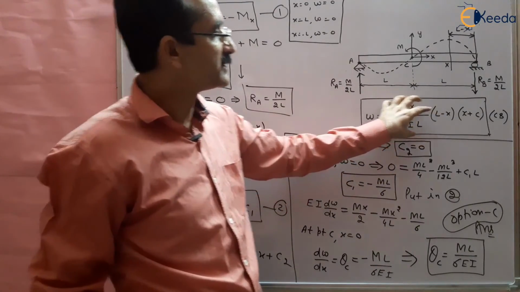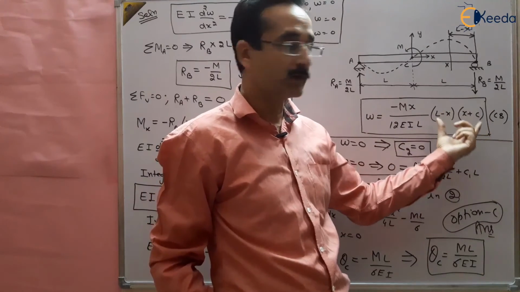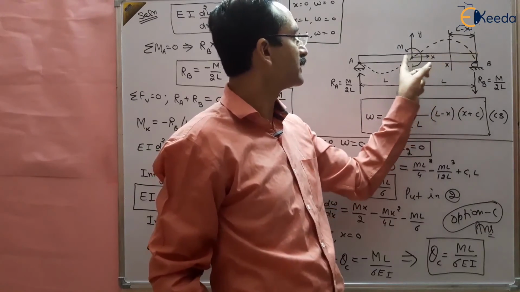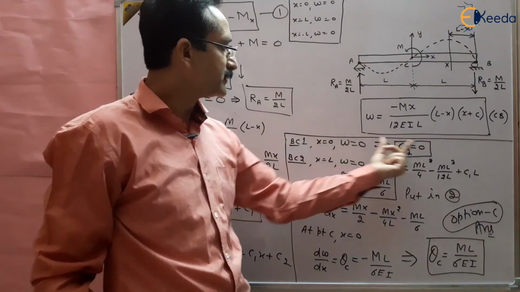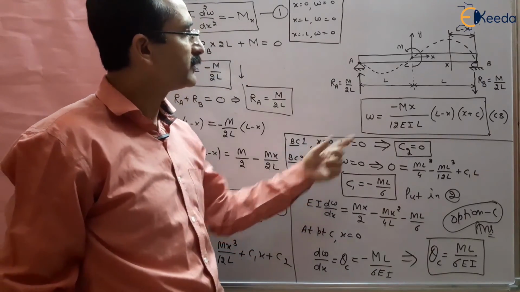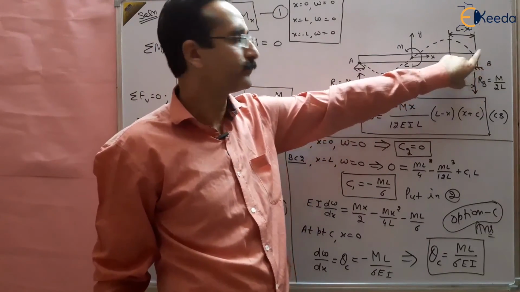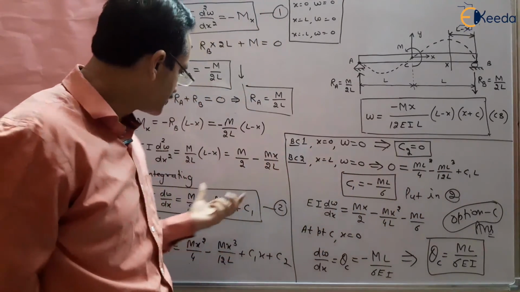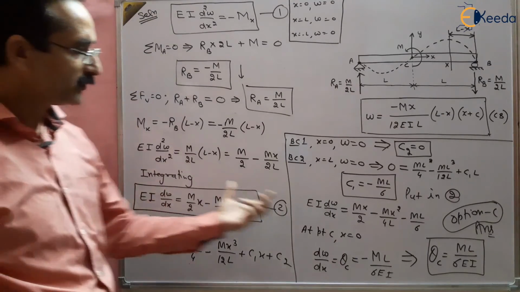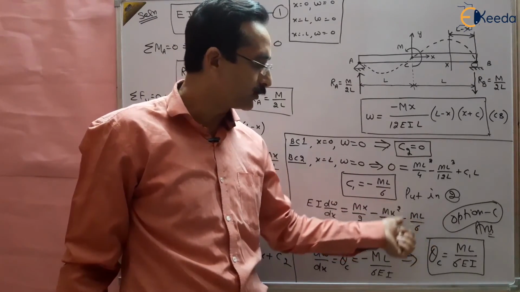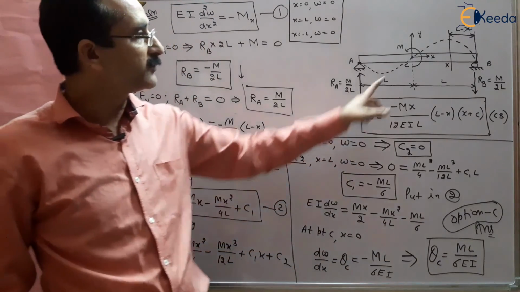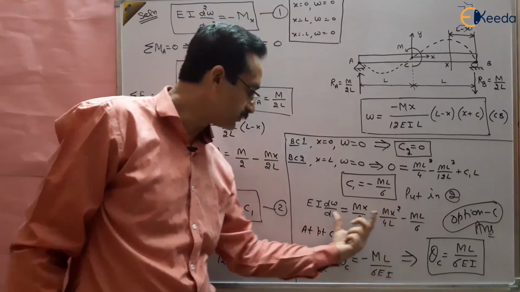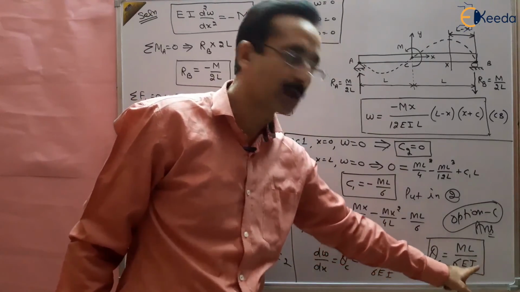At x is equal to 0, deflection is 0, so C2 will be equal to 0. Again, we used the boundary condition that at supports there will be no deflection, so at x is equal to L, W is equal to 0. Use it and you will get the C1 value. Put this C1 value in slope equation number 2 and you will get the slope with no unknown, right? Then because we want to find the slope at point C where x is 0, put x is equal to 0 again here, and you will get the slope at point C, which is ml upon 6 EI.